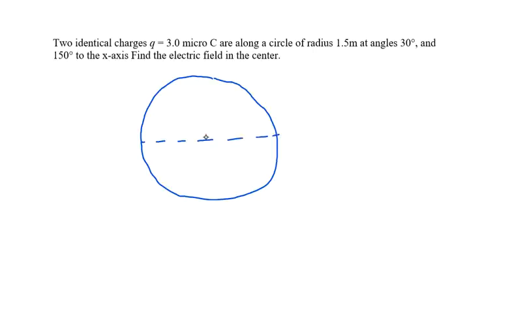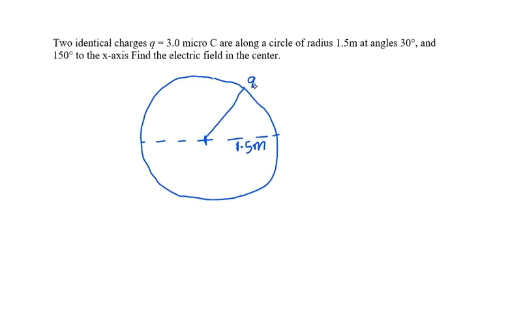This x-axis, and here is the origin. So the first charge, which is 3 coulomb, the radius is 1.5 meters. And the first charge is placed at an angle 30 degrees. Let's assume this is 30 degrees.